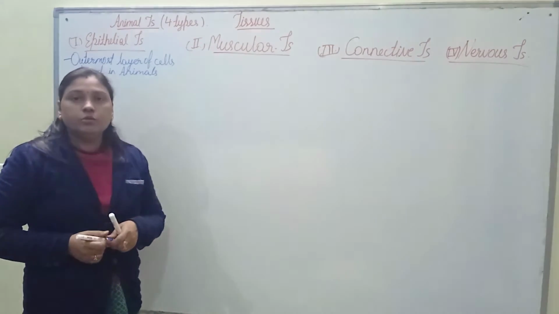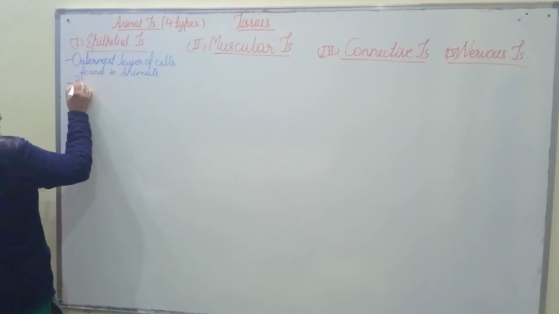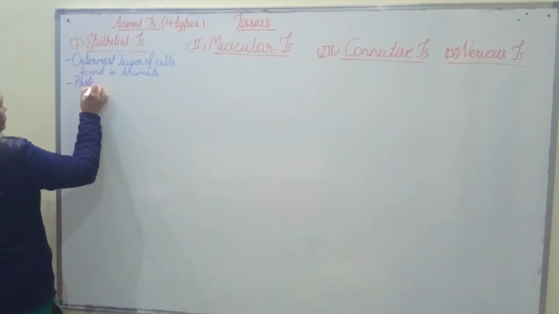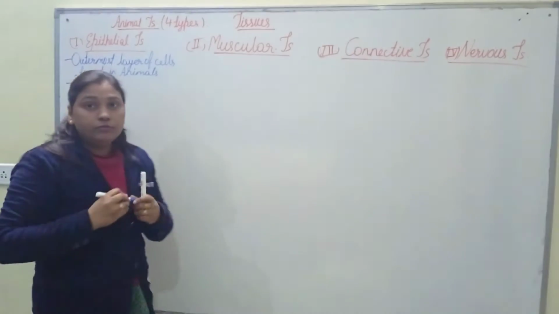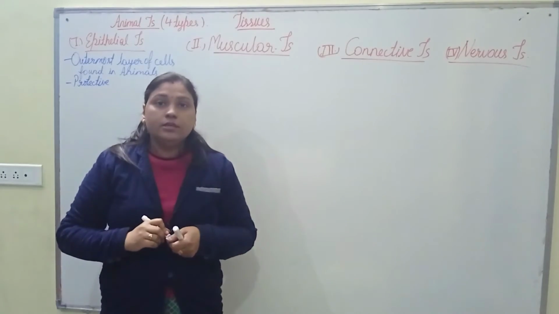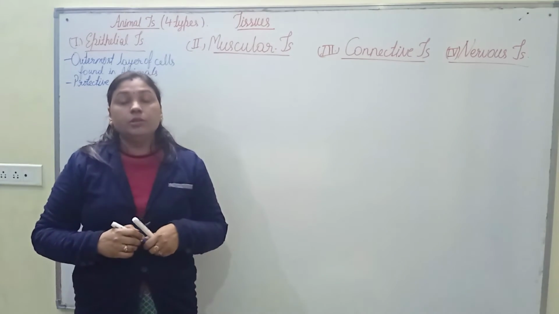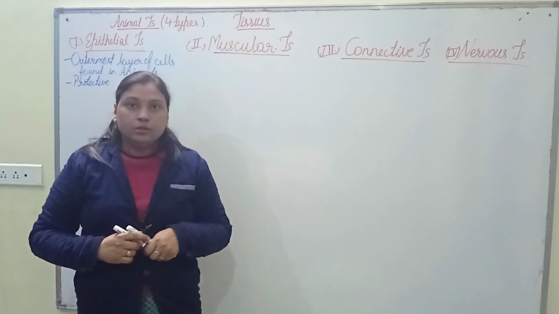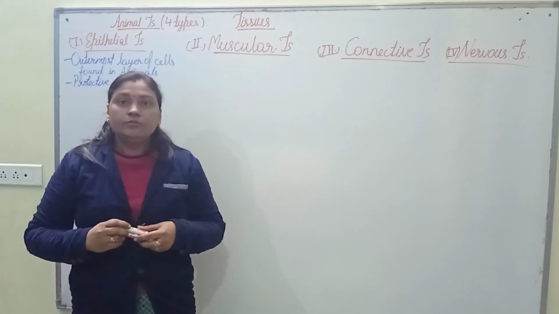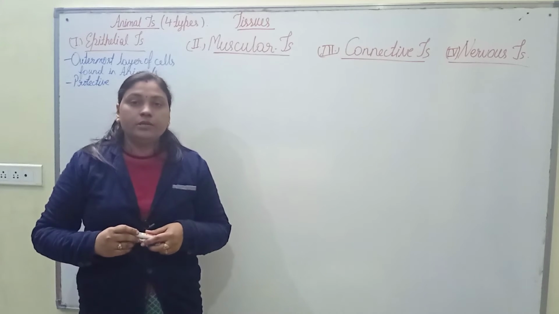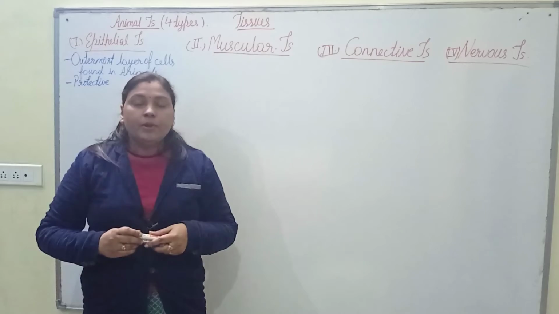Since it is the outermost layer, it is protective. Protective means it protects the animal body from the outer atmospheric conditions, and it also protects the animal body from pathogens.